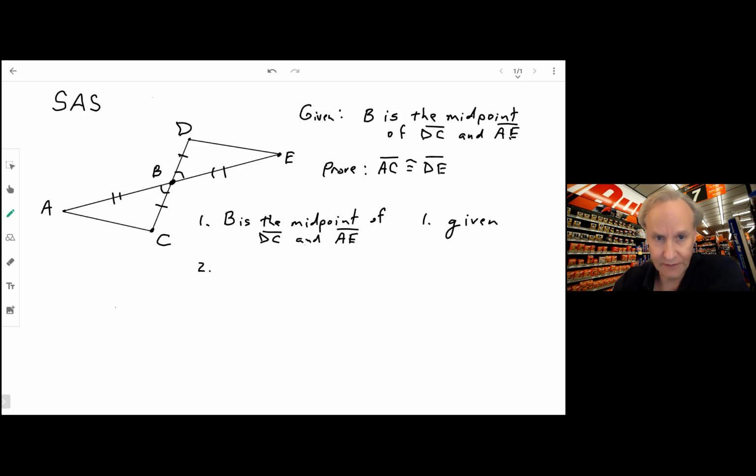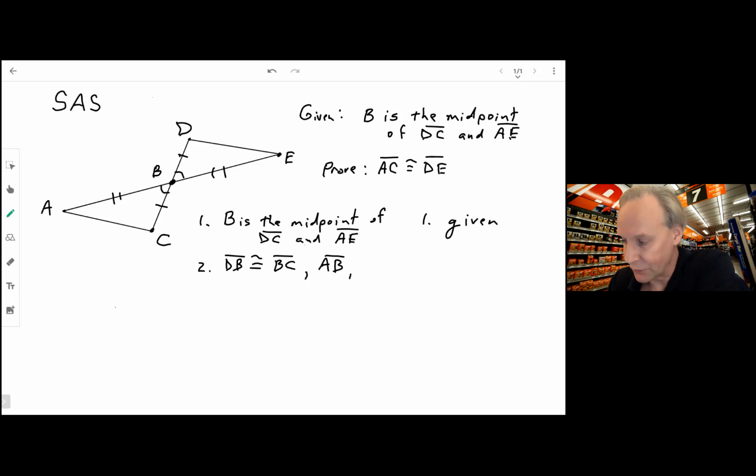So we start with our given. Then we say that since B is the midpoint of DC, then we know that DB is congruent to BC. And I'm going to write this at the exact same time. I'm also going to do AB is congruent to BE.